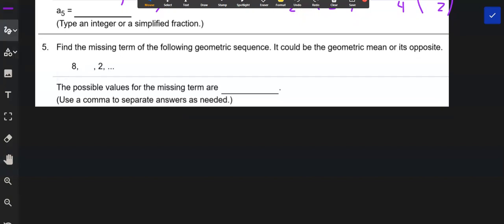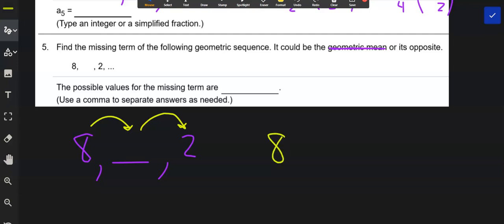Let's see here. Find the missing term of the following geometric sequence. It could be geometric. We're not going to do the geometric mean. All right, so we've got this term and then a missing term and then another term. Okay, folks. How many common ratios are we multiplying by to go from the first term to the third term? 2.